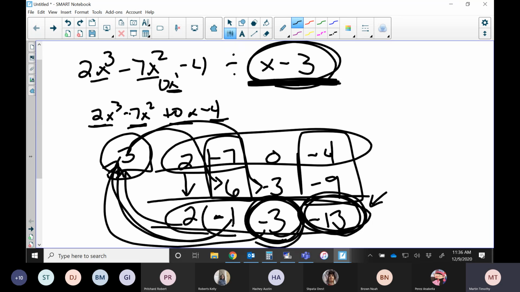What does that mean this one is? I didn't hear you, Taylor. Whoever talked, I didn't hear you. What is this one then? This is the remainder. This is the constant. This is the x to the first power. What does that make this one then?